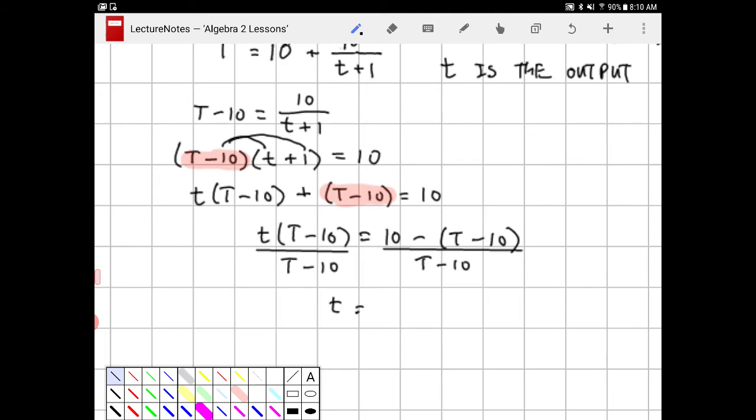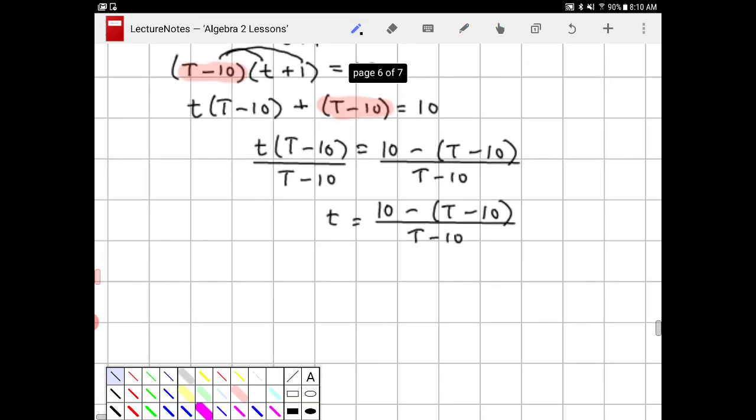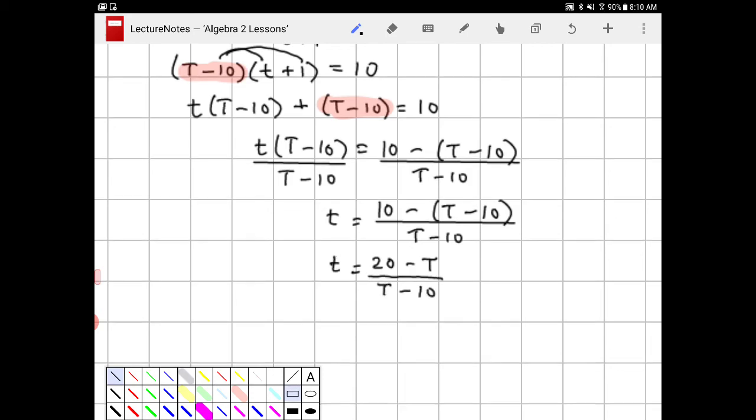So lowercase t is equal to this expression. With a little simplification, I can reduce the numerator and combine like terms; there are different ways to represent this. I distribute the negative, and I end up with 20 minus capital T all over T minus 10. This, as a result, is the equation I was looking for.